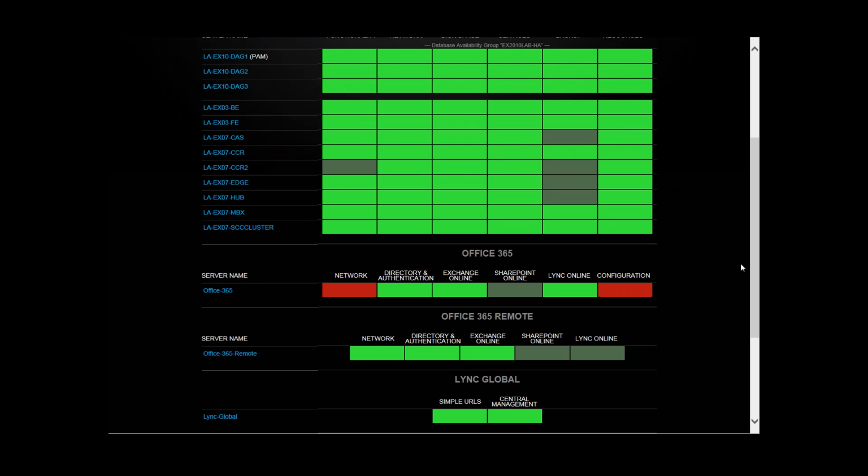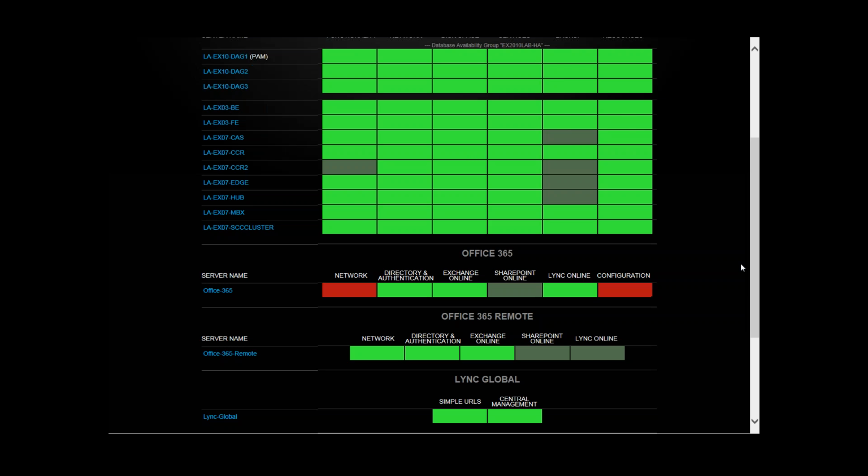Yellow means there is a warning. A warning could be anything from things going wrong to something about to go really bad, but it's something that needs your attention, maybe not immediately, but something you should take a look at whenever you have time. Red, on the other hand, means it's broken. There is something not working, it's causing an outage, a service interruption, and it needs your immediate attention right away.